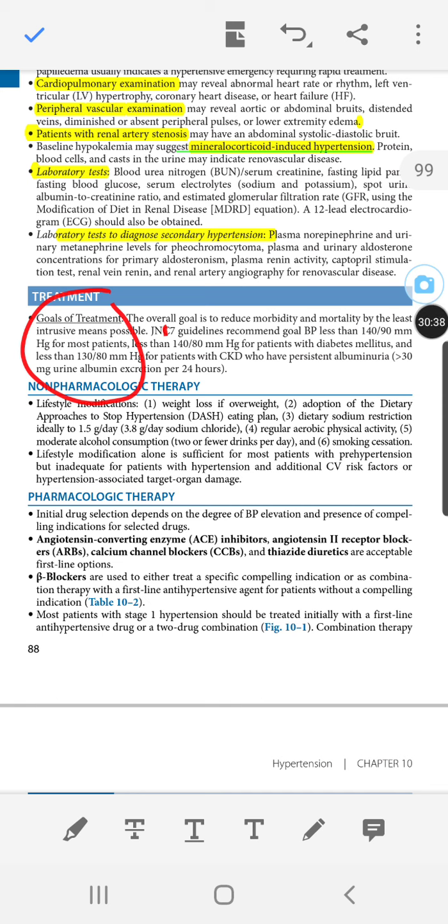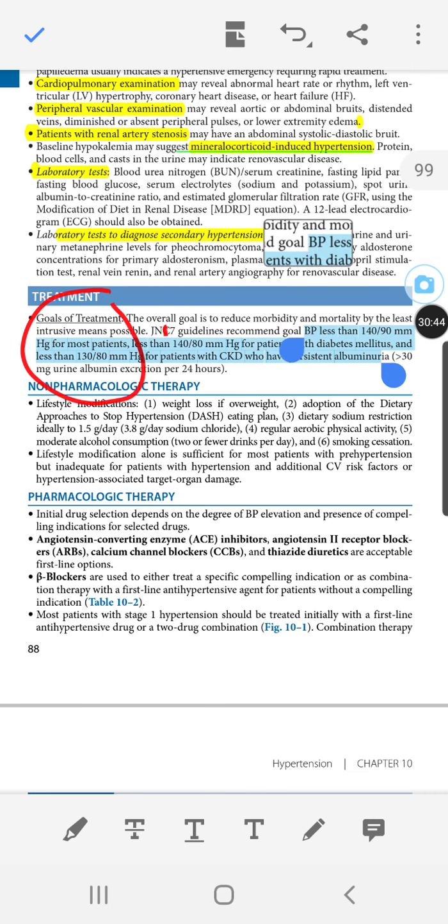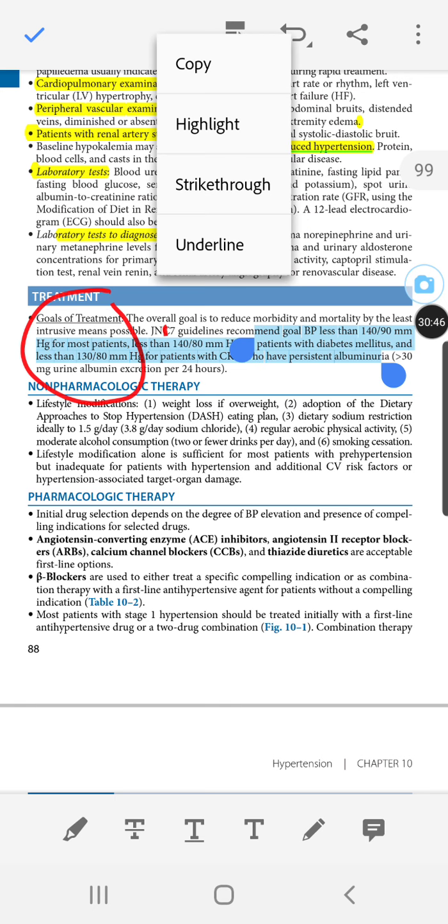So if the patient has diabetes mellitus, this is the important point: the blood pressure should be less than 140/80.